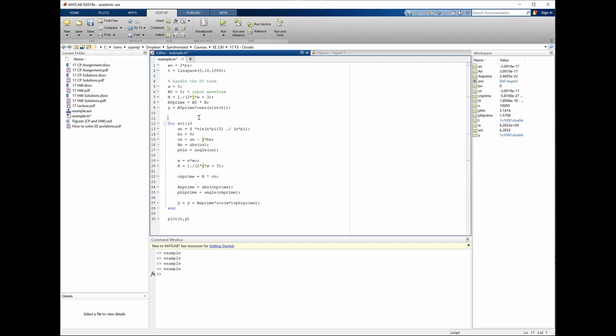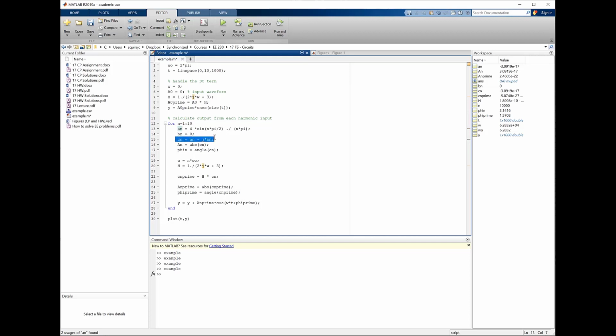Now we're going to start to calculate all those harmonics. Calculate the output from each harmonic input. So the first step is we're going to need to determine, we'll do this for 10 harmonics, these are our little a sub n and little b sub n from the analysis we already did by hand.